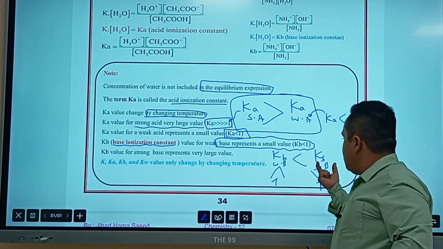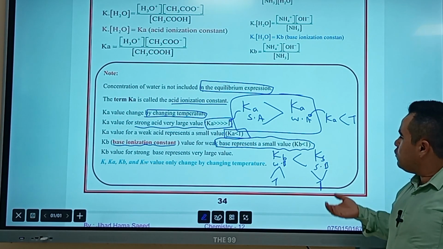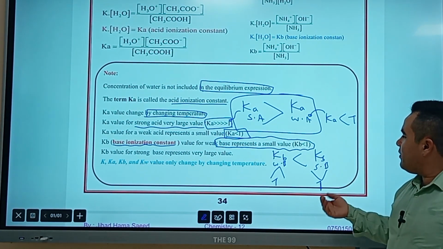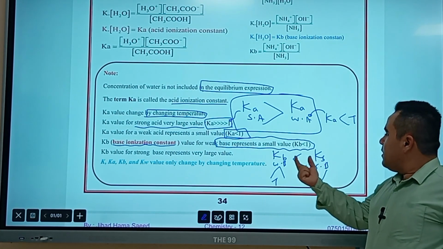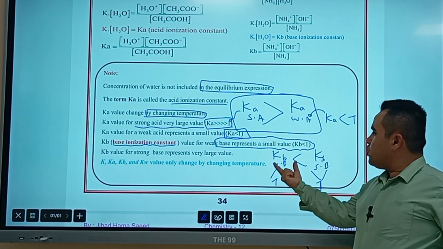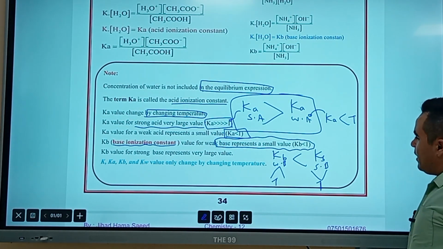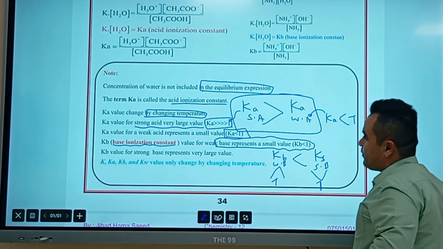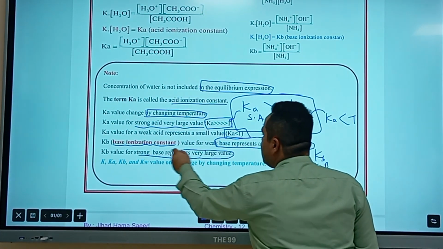Why? Because the strong bases completely dissociate to form the ions, so the concentration of ions is much higher than the non-dissociated bases. But for weak bases, the concentration of the non-ionized molecules is much higher than the ions. Kb for a strong base is a very large value.